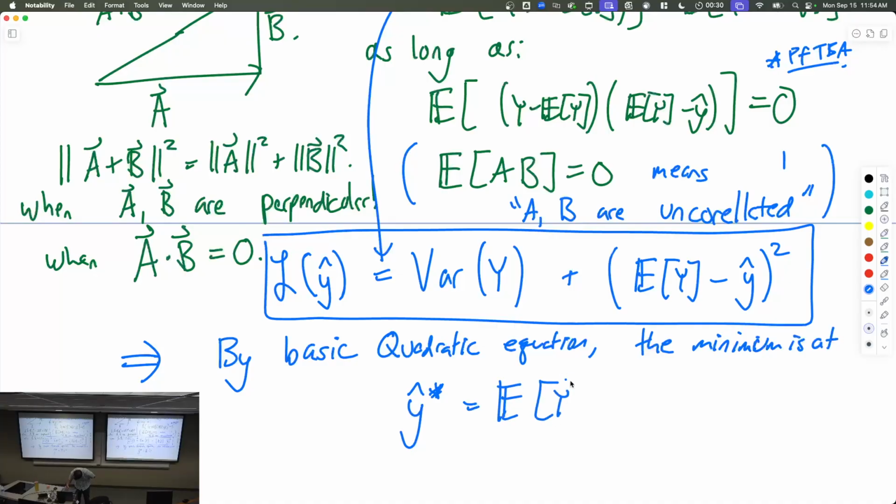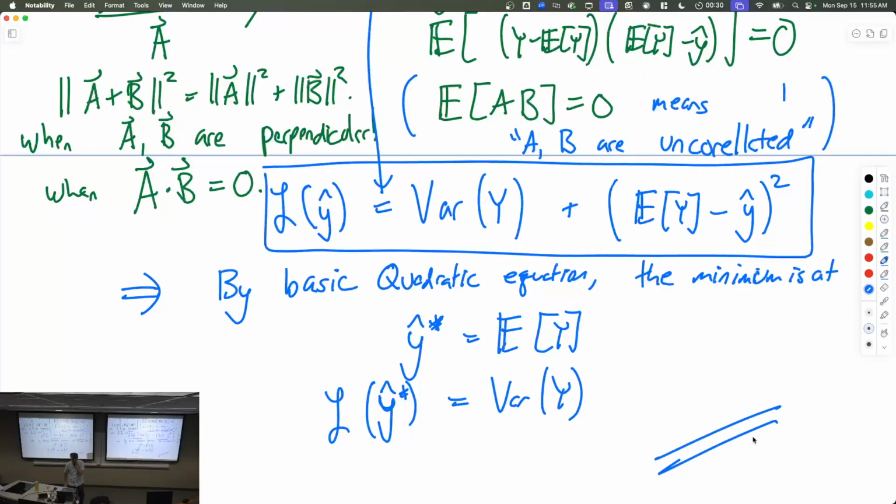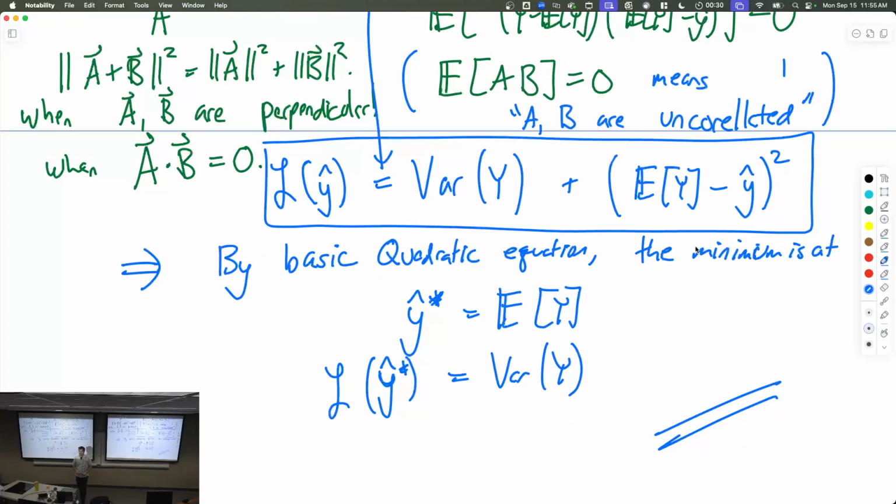So that's the minimum possible thing you could ever get. And the minimum possible value is exactly just this variance part. So when you're at the minimum, the second term is 0, and you're left with just this irreducible part. Okay. That is the proof. I'll prove the Pythagorean theorem in a second. It's actually very simple. But questions or comments about this idea?